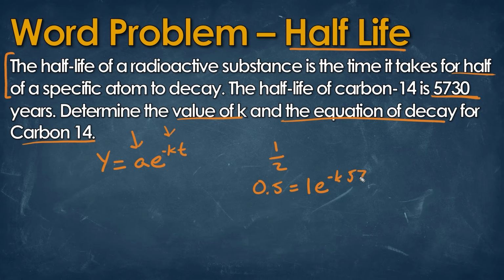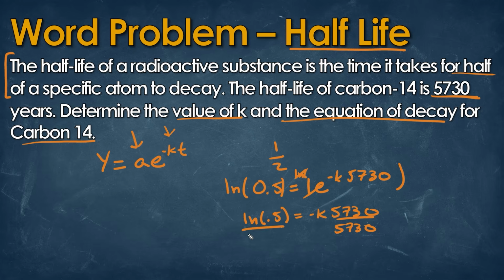So we'll put that here. We can use this information to solve for k by taking natural log of both sides, and what we'll end up getting is that natural log and e will cancel out, so we'll have natural log of 0.5 is equal to negative k times 5730.